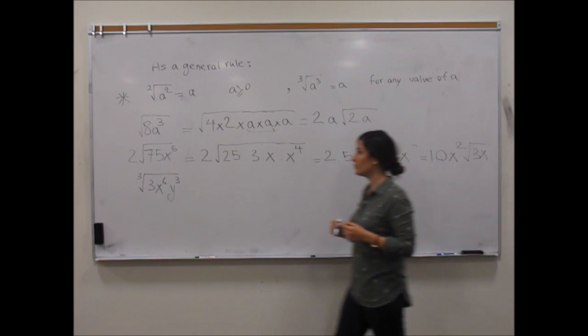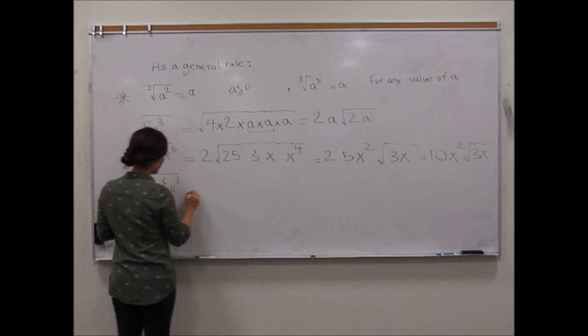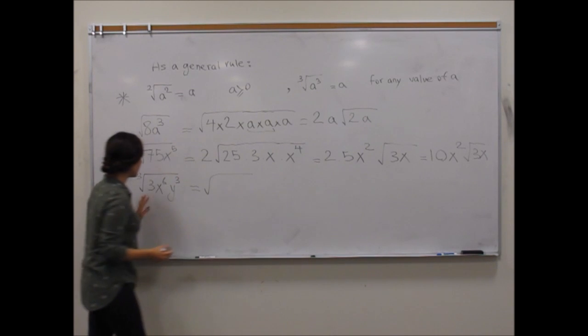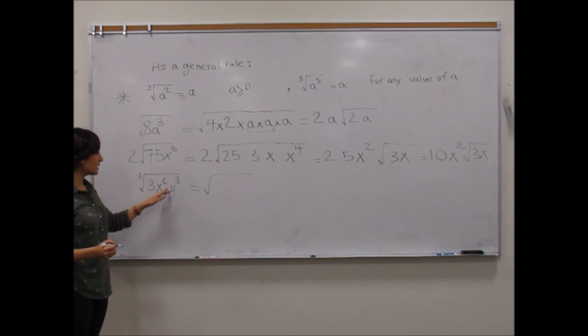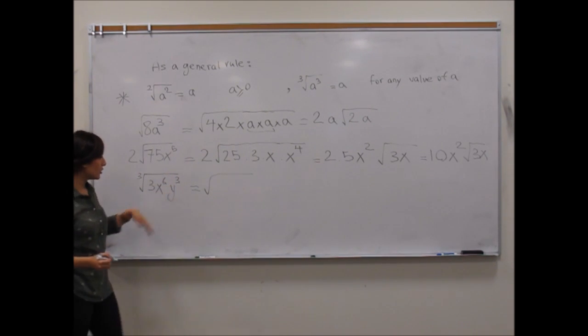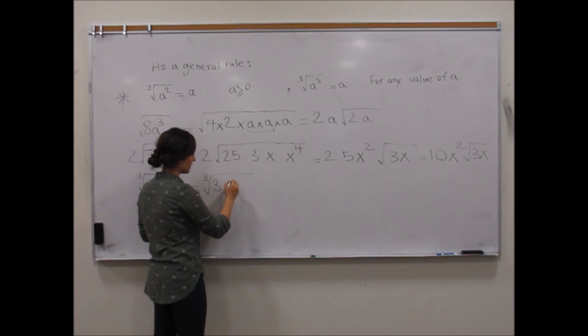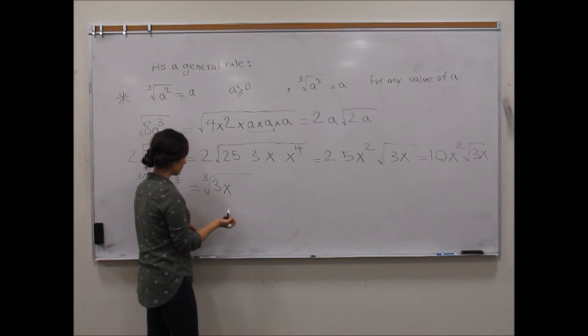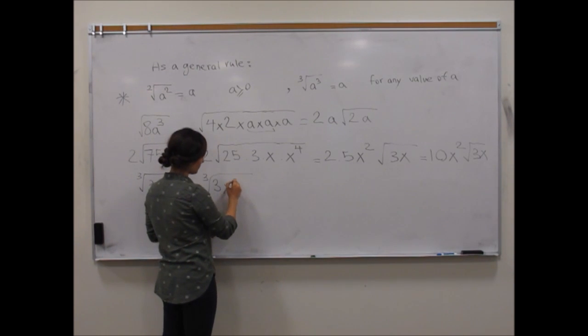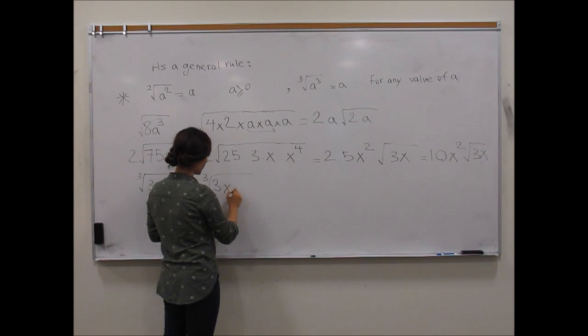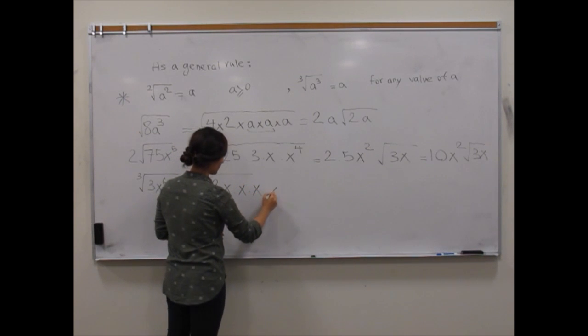And then for the third one, it's a cube root of 3x to the 6th y cubed. We can write it like this: x times x times x.